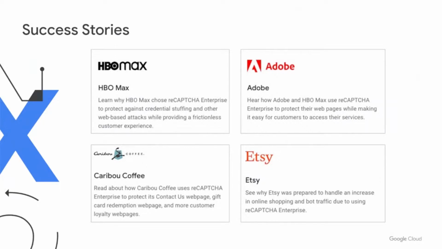We have Etsy, that's been a great deep integration with us around all things e-commerce and retail. It's been a very successful relationship to stop bot traffic due to sales or online shopping payment fraud. And finally, even in the retail space, we work closely with Caribou Coffee to protect their stores of value that exist in things like gift cards or loyalty programs that, again, are critical to their user journeys, even if many of their interactions are in person.